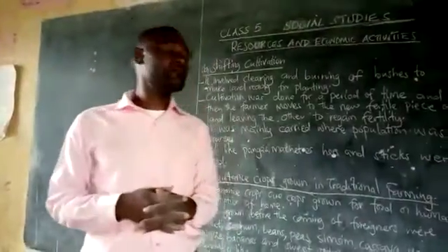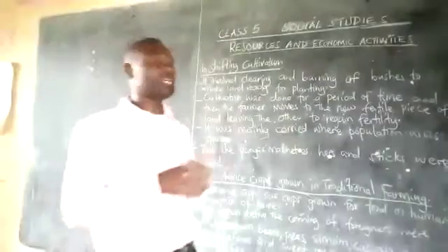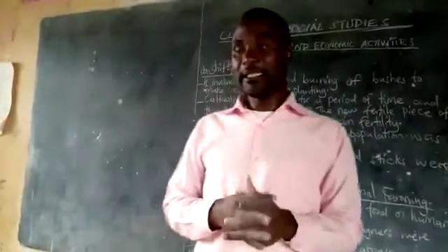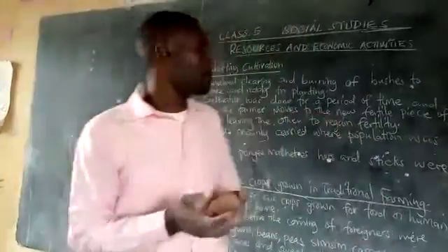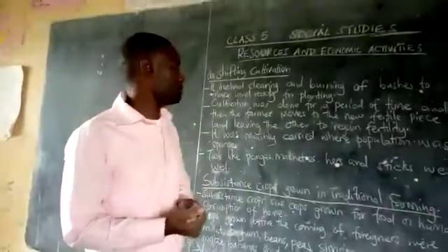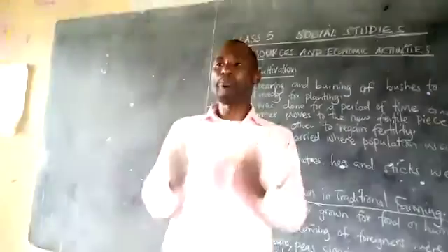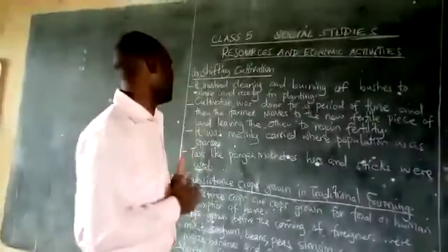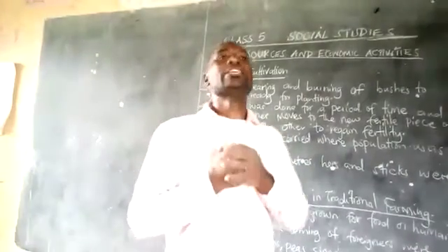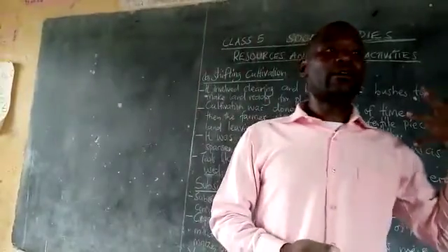How was shifting cultivation done? Shifting cultivation was done by clearing and burning off the bushes to make the land ready for planting. During this time, a farmer could cultivate the land for a period of time, and after that, the farmer moves to a new piece of land which is fertile, leaving the one he or she was working on to regain its fertility.